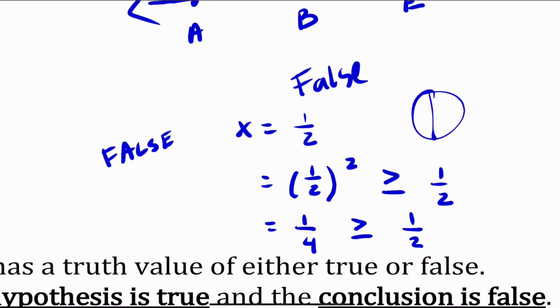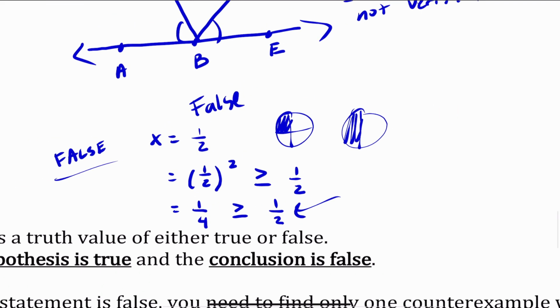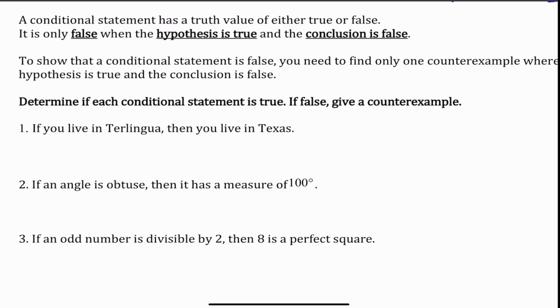So here is 1/4 and here is 1/2. Which one has a bigger slice of pizza? Of course, the 1/2. So is this statement true? 1/4 is greater than or equal to 1/2. No. So this is what we call a counterexample. So a fraction could be a counterexample.